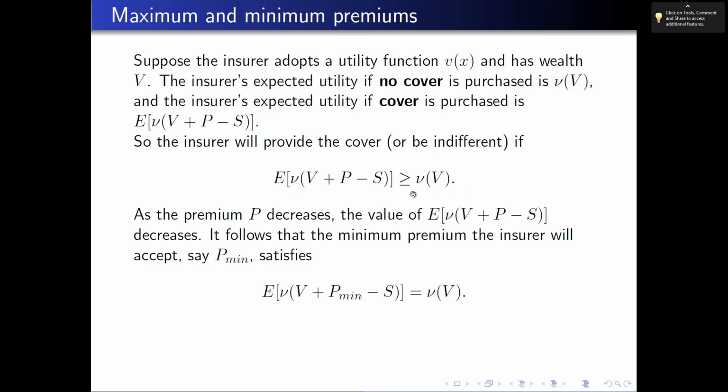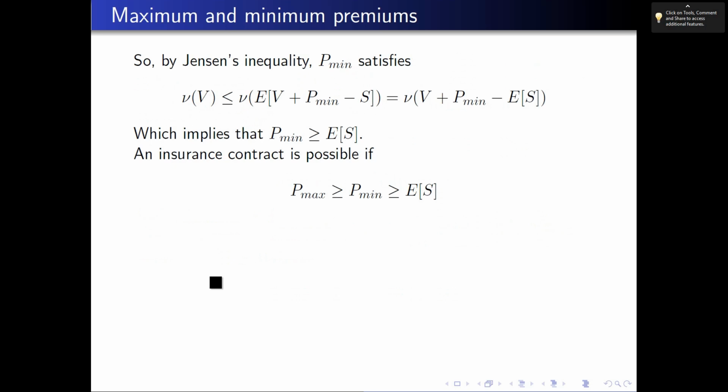The same principle stands here, and we have this P minimum. This is the minimum price at which he agrees to sign the contract. And here the Jensen inequality should also be applied. So P minimum should be more or equal to the expected value of risk.